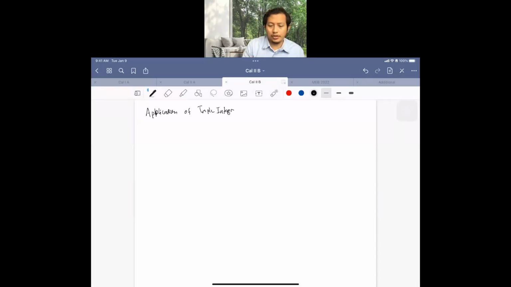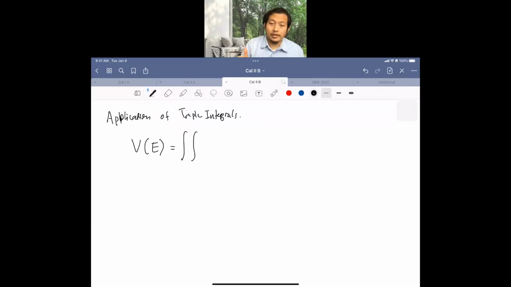We could define the volume of solid E as follows: if we have a triple integral and we already defined the solid E in the triple integration itself, then we could just triple integrate the constant 1, and this will be defined as a volume.